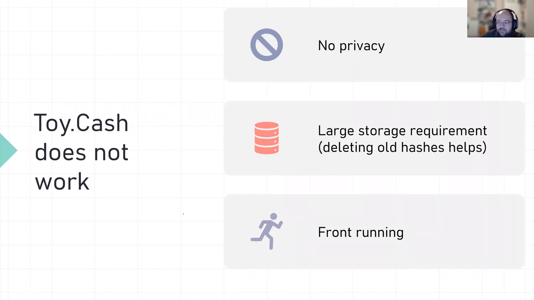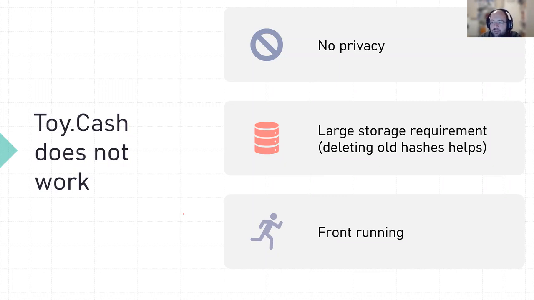Also, this needs quite a bit of storage. Although deleting hashes can help, still you need to store one hash per, say, customer, or at least per customer who has a deposit with you.